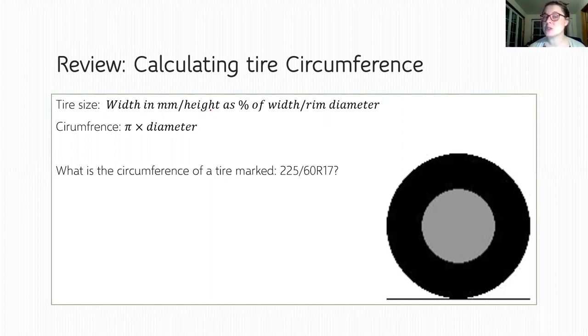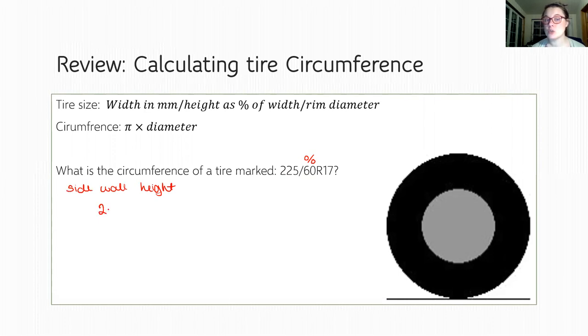So I'm going to find out the circumference of this tire in millimeters. The reason I wanted it in millimeters is we're going to do our comparison in meters, so if I have millimeters, it's going to make meters easier to get to. So the first thing I need to find out is, what is the sidewall height? Well, the sidewall height is 60% of 225 millimeters.